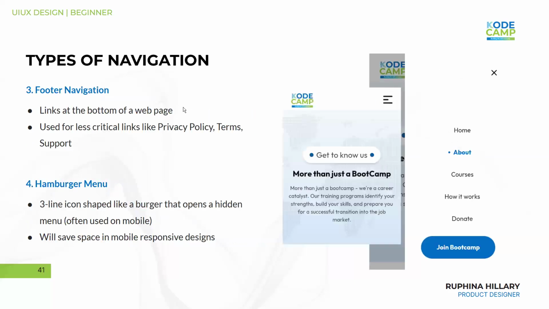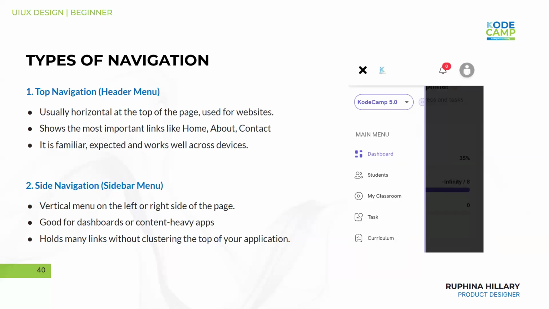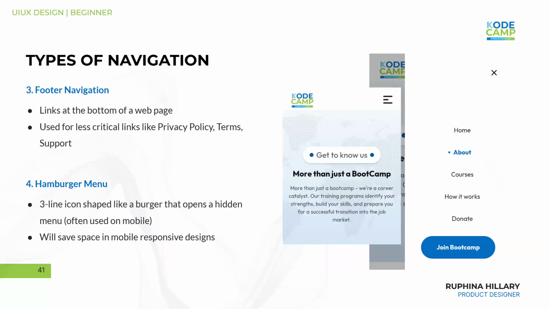Then the next one is the footer navigation. I mentioned this last week too. Your top navigation is usually at the top of your website, while the footer would always be found at the bottom of the web page. It's used for less critical links like privacy policy, terms, support, and all that.